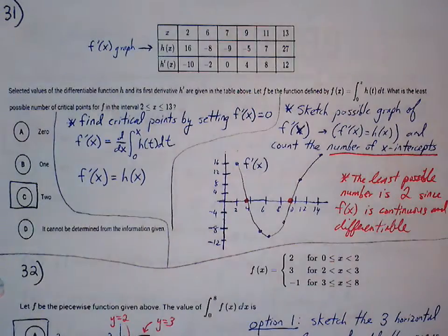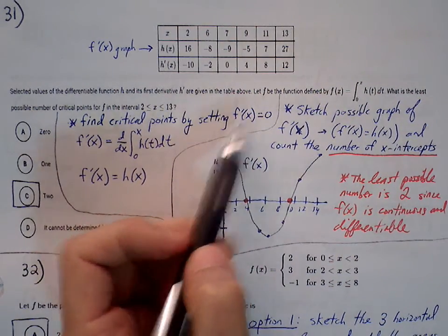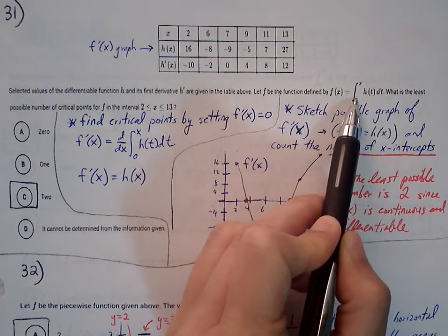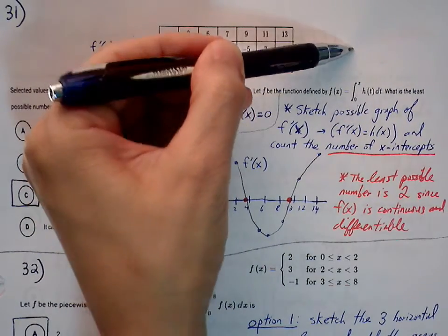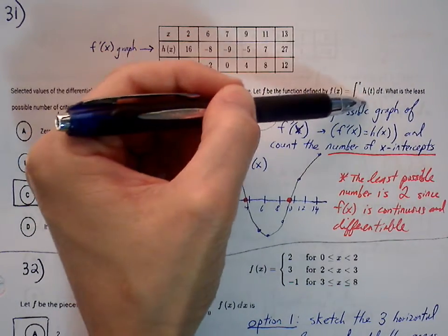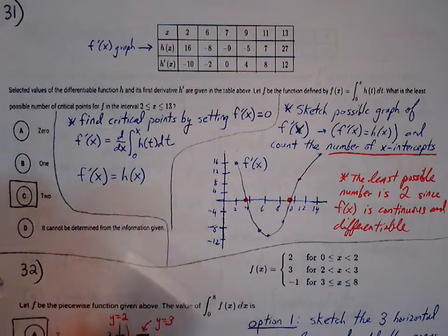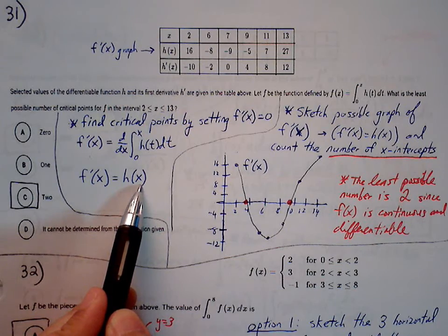So we can find critical points by setting f prime equal to 0. So f prime is basically just the h of t, right? If the antiderivative of h brings us up to the f of x level, then the h of t must be sitting at the f prime level, right? So our f prime is really the h of x.